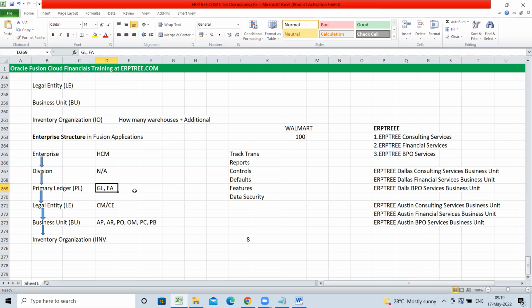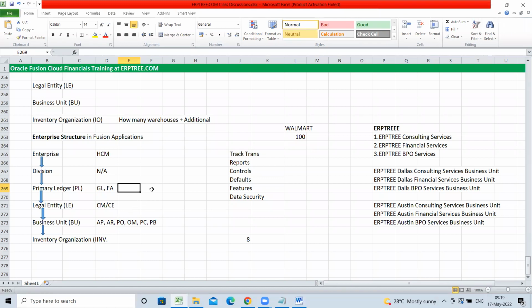Similar to that, in FA we have a concept called corporate book, or you can say asset book. With that book, you can maintain the data separately. The same way you maintain data with business units, you can create different books and maintain the data. That option is available. The first point is that this FA application was not developed by Oracle.